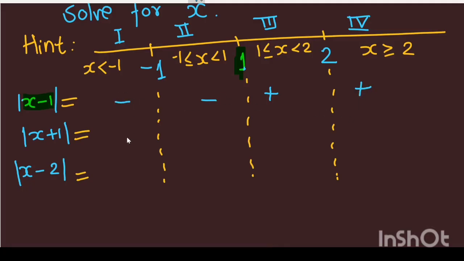Similarly, mod of x plus 1, if you see, at minus 1 it will change. So greater than minus 1, it will give plus sign, guys. So here also it will give plus, here plus, lesser than minus 1 it will give minus.